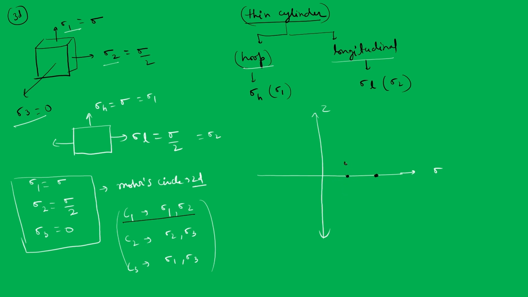So this will be A and this will be B. A is sigma by 2 comma 0, and B is sigma comma 0. This is my origin.